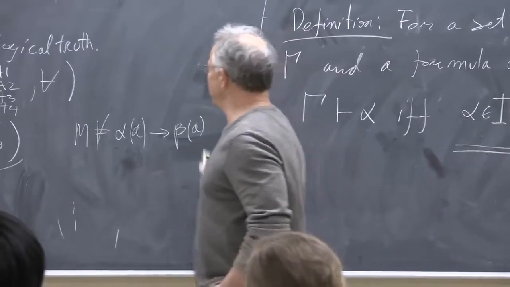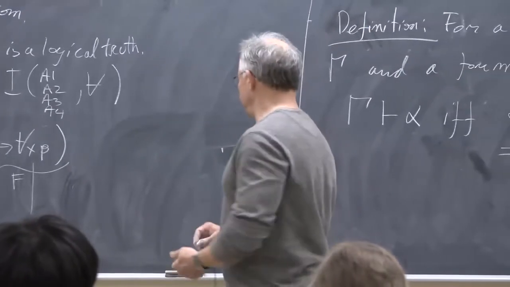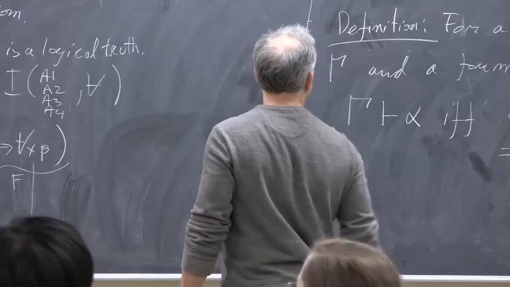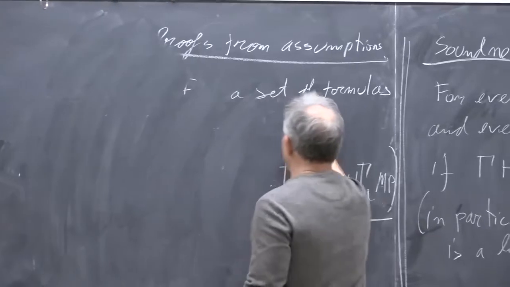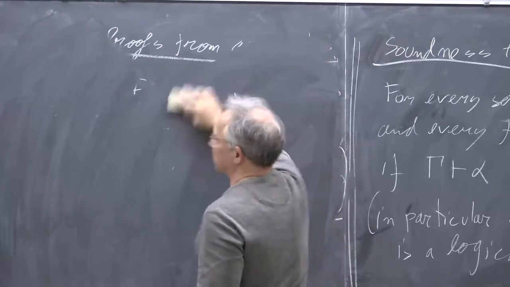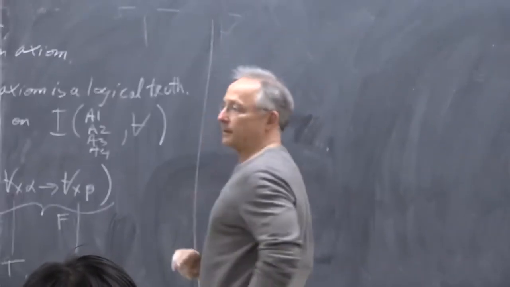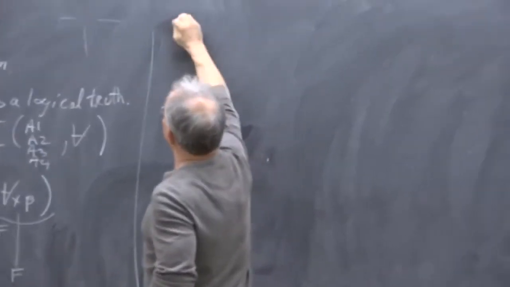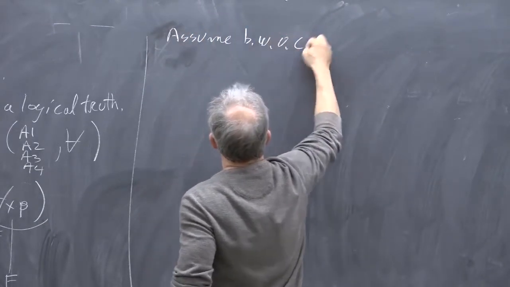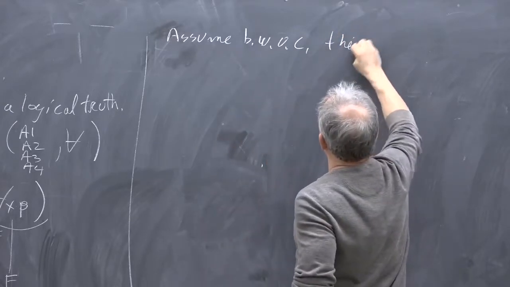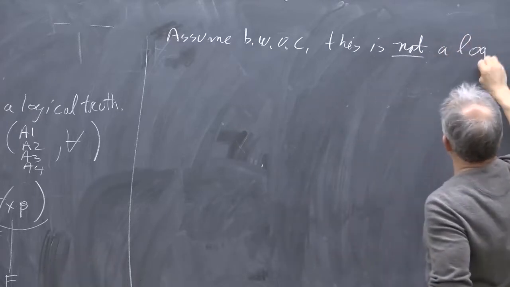So let me be a little bit more formal to show you how you should write it in the exam. So to write it formally, I mean, we're getting closer to the exam, so we need to be aware of how to write things. So how do I show, if I ask you to show that something is a logical truth? So if I want to write a formal proof of this, we'll say, assume by way of contradiction, this is not a logical truth.